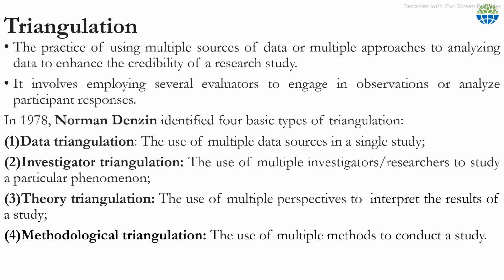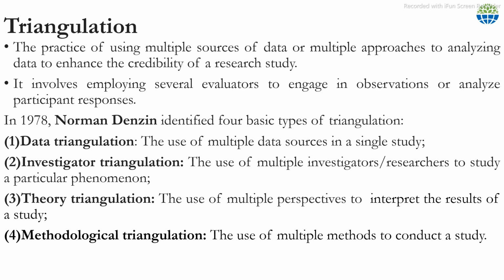One is data triangulation, which was identified by Norman Denzin in 1978. Data triangulation is the use of multiple data sources in a single study. Second is investigator triangulation. Here, the use of multiple investigators or different researchers to study a particular phenomenon like an earthquake. Third is theory triangulation.